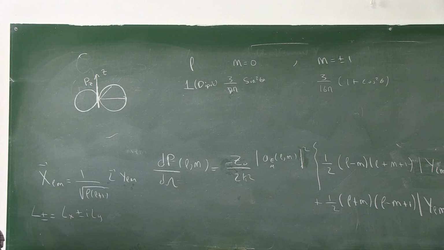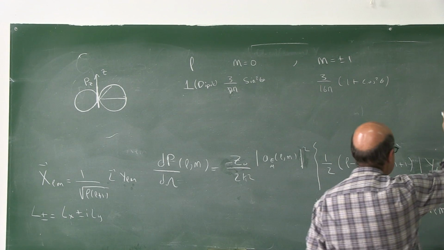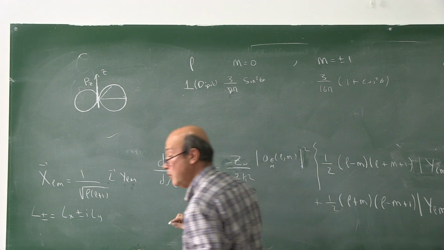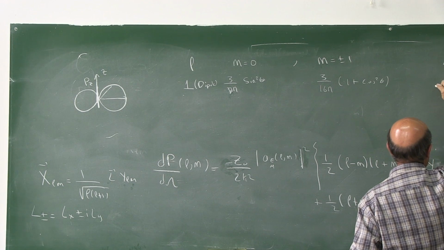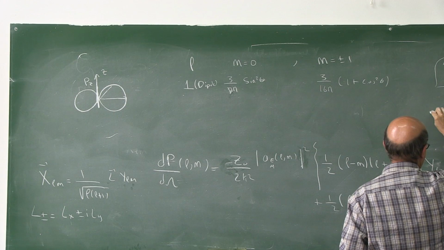In that case, the poles are more complicated. L equal to 1, M equal to plus or minus 1 has this structure. What is the structure? It is a more complicated structure, something like this.